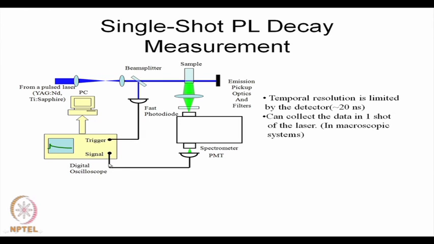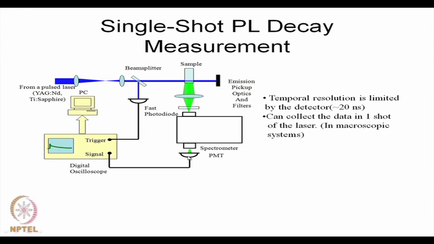Now, the oscilloscope collects the signal, but the moment this fast photodiode receives a signal from the beam splitter, the photodiode puts a trigger onto the oscilloscope, so that the oscilloscope is ready. After this trigger is on, the oscilloscope remains on for several microseconds, up to maybe 100 microseconds, ready to receive any signal.